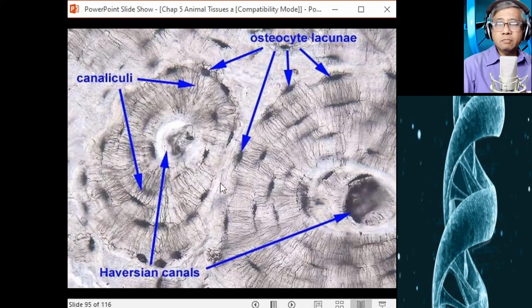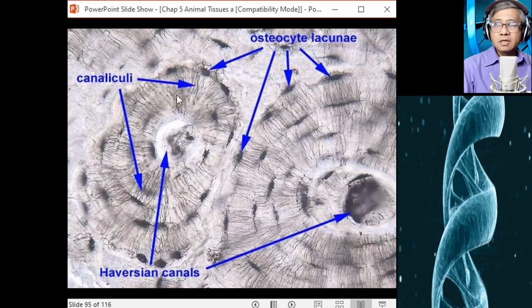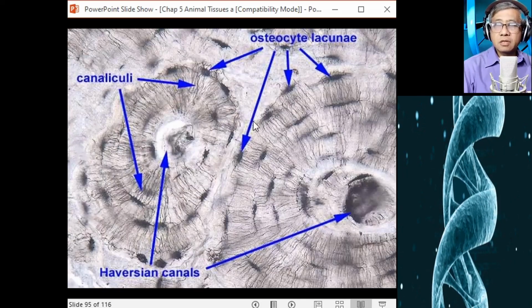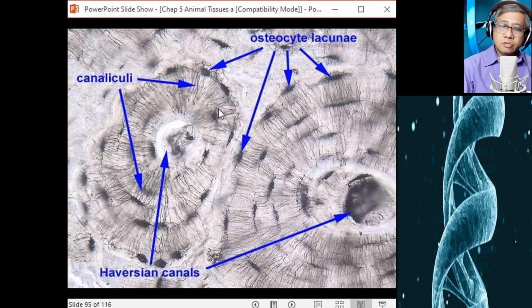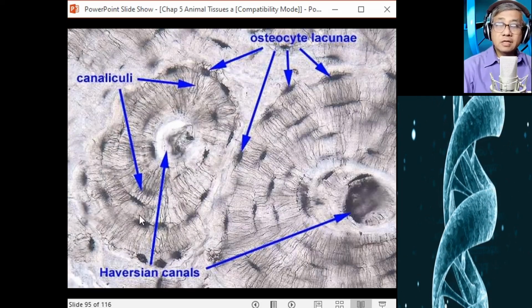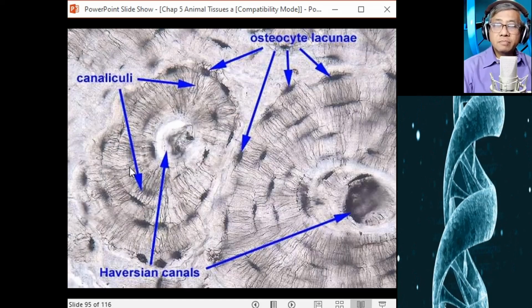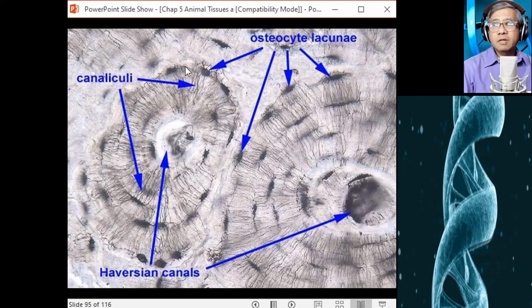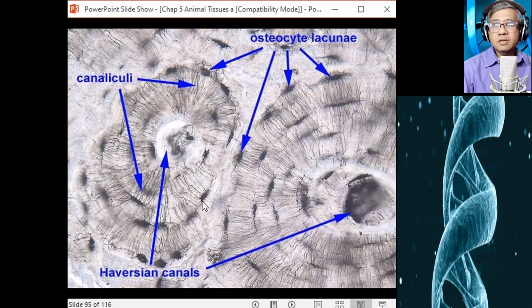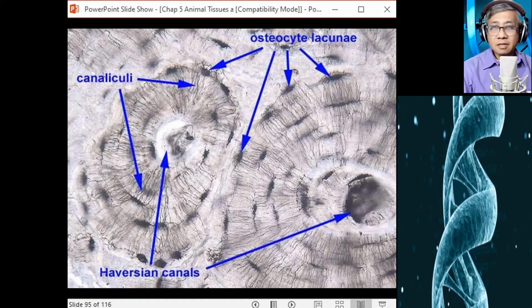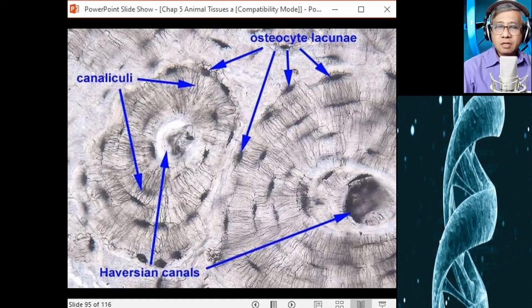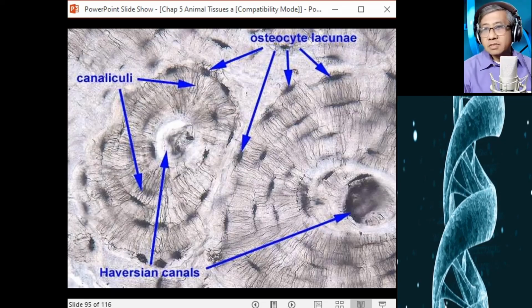So again, itong mga circular structures na to, those are the osteon. An osteon is made up of concentric layers of rings. Then yung mga dark structures na yan that form the concentric rings, they are called the osteocytes or the bone cells themselves.